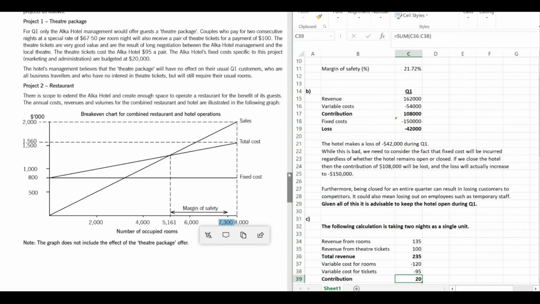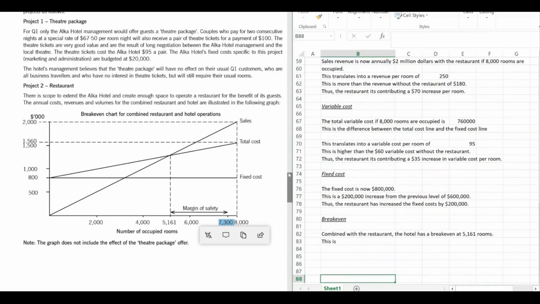So slightly higher than the old break-even of 5,000 rooms. Okay, so the break-even has actually gone up, which is interesting because the revenue brought in more revenue, but because of the increase in fixed costs, the overall break-even slightly went up. Is that good or is that bad? Let's analyze that at the end when we get all the information down.